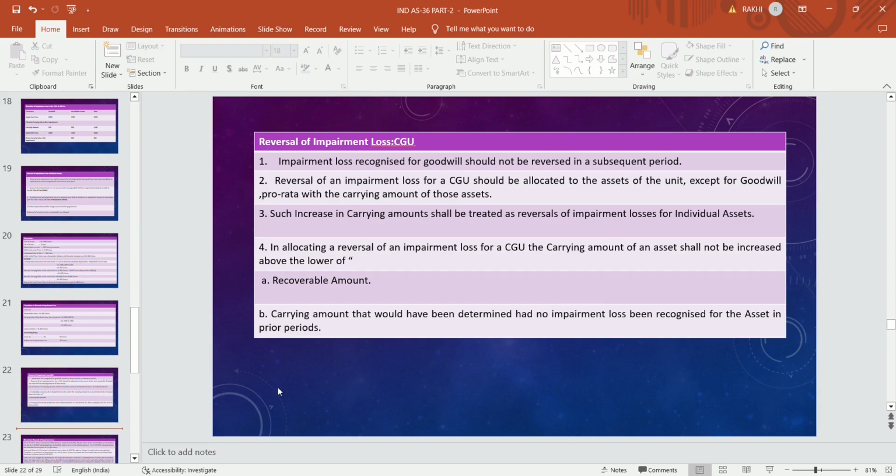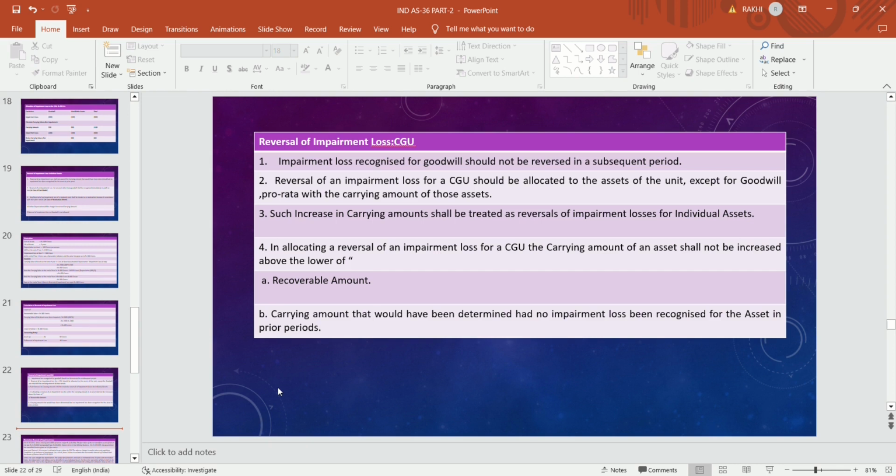Now, in case reversal takes place in a CGU, cash generating unit, what does the company do? What does the standard say in case of reversal of impairment loss for a cash generating unit? Impairment loss recognized for goodwill should not be reversed in a subsequent period.